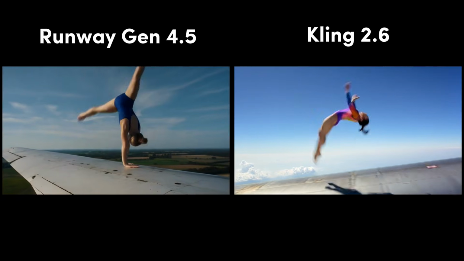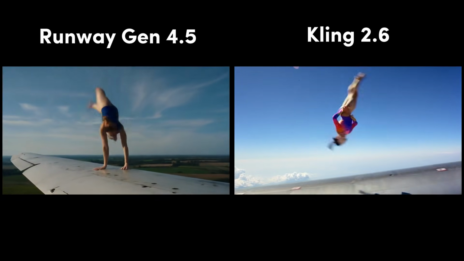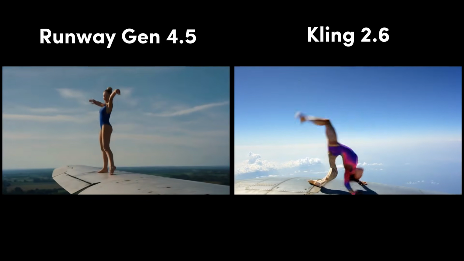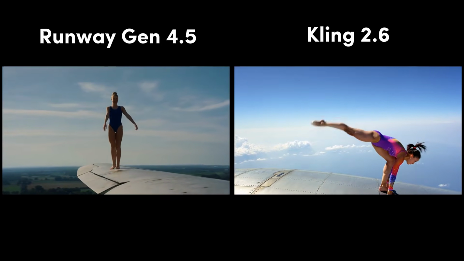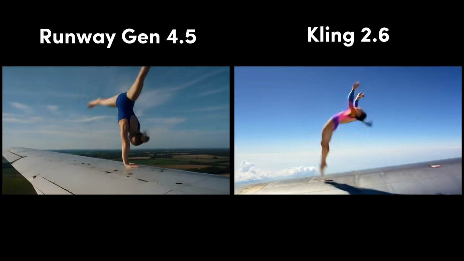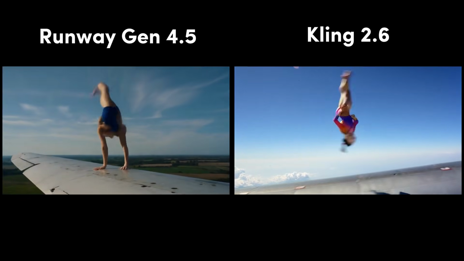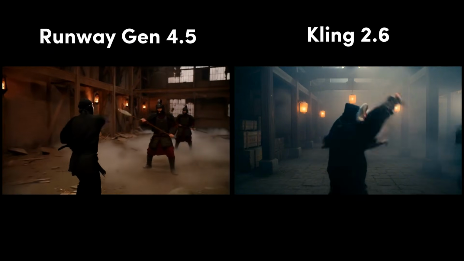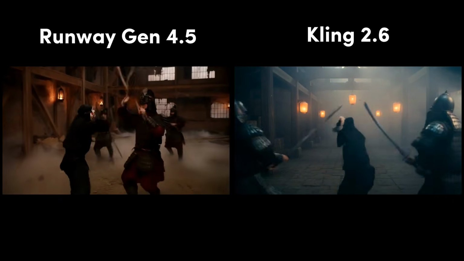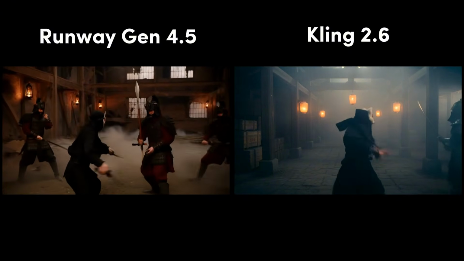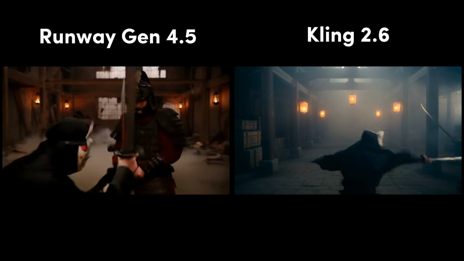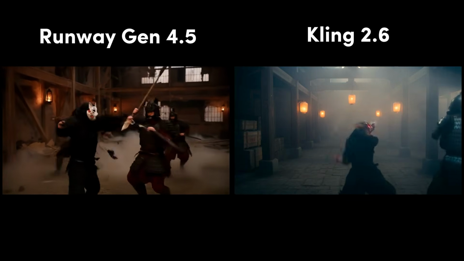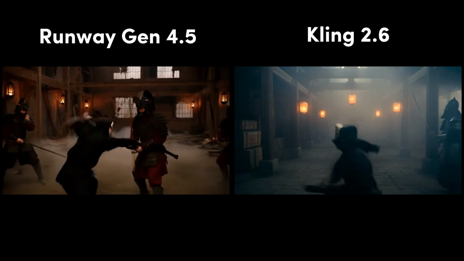If we put it next to Kling AI and compare the two, even though in Kling there's still a little bit of deformity around the legs, it's able to maintain the shape of the person much closer compared to Runway. Here's another side-by-side of Runway compared to Kling. Both have some problems with how realistic the action looks. It seems a little disconnected the longer the video goes on.